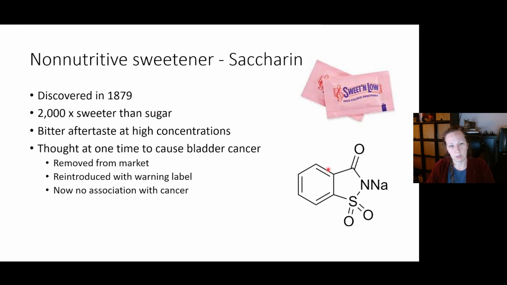Here we have a 6-member ring and a 5-member ring. It's not 5 carbons because here's sulfur on one of them and nitrogen on another, but the shape looks a little bit like sucrose. And that's not by accident. That has something to do with how the taste buds detect that taste and identify it as sweet.